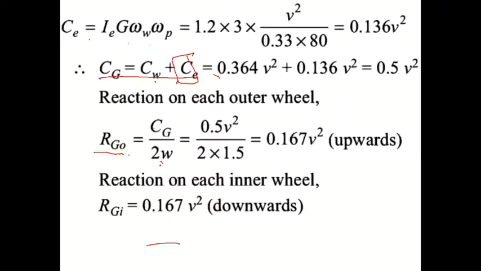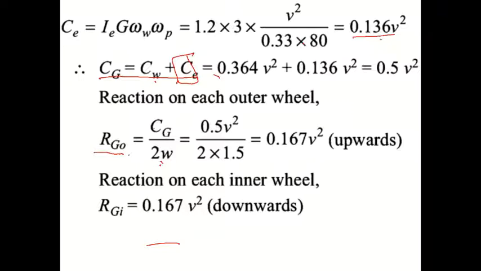For the Ce value, the formula is Ie into G, omega w into omega p. So substitute all the values: 1.2 Ie value, G value 3, omega into omega p value, v square by 0.33 into 80. Substitute everything and you will get 0.136 v square as the answer.